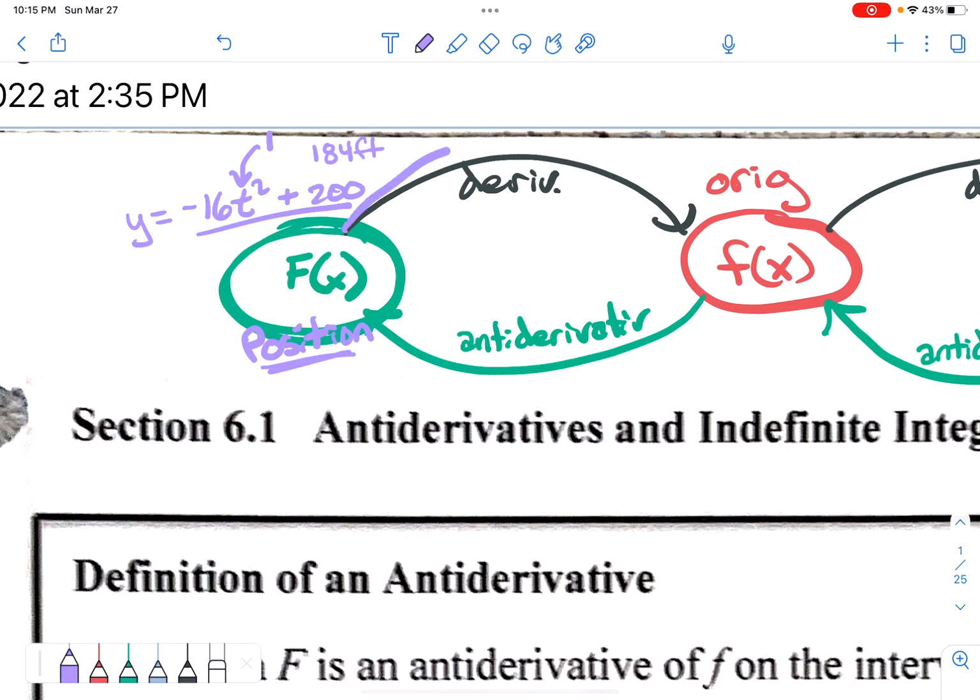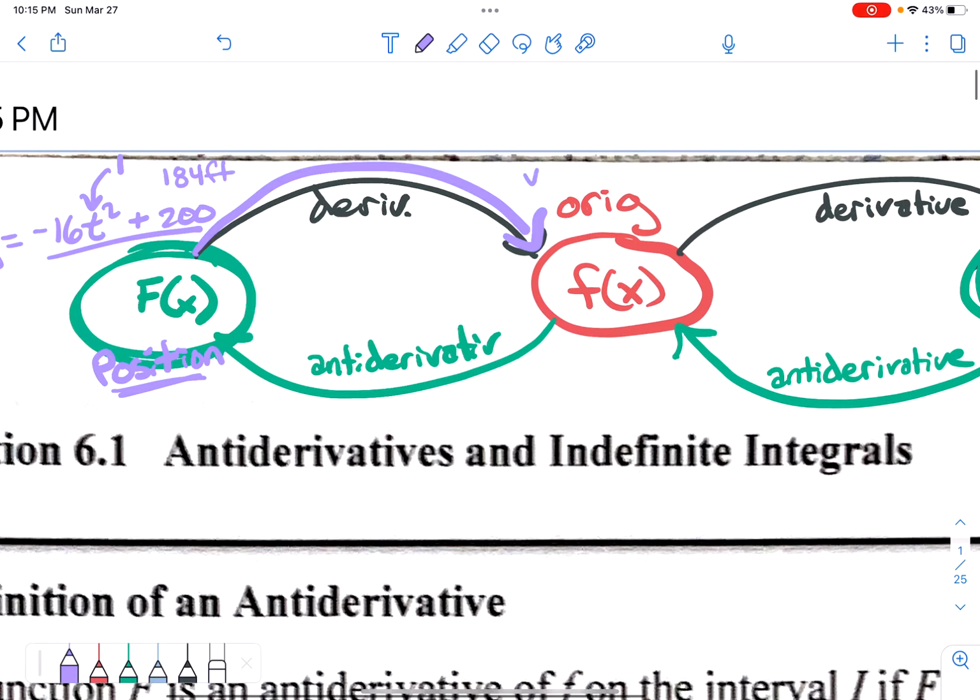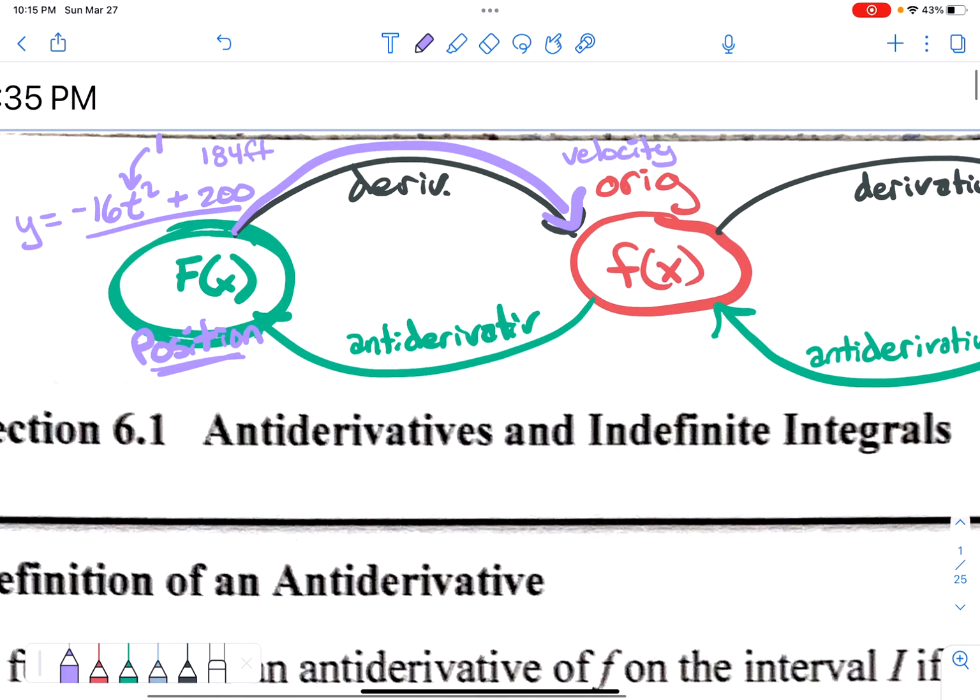If I take the derivative of that, that will give me the velocity, okay? Because velocity is the derivative of a position function, so if I take the derivative of this thing, it would be negative 32 t. I will call that f prime of x. That's the derivative of that.